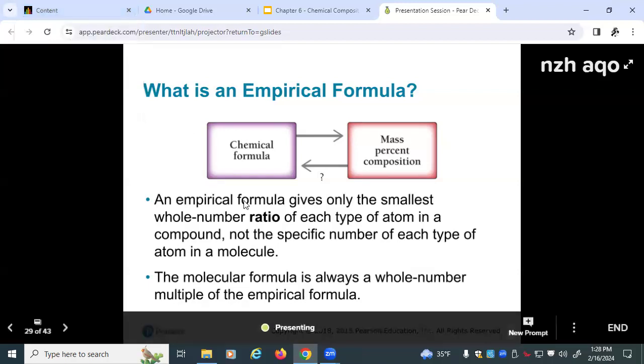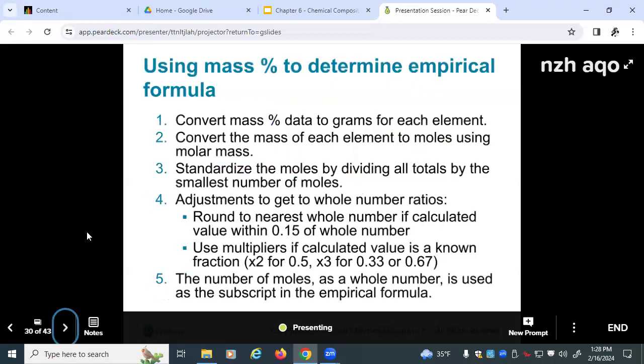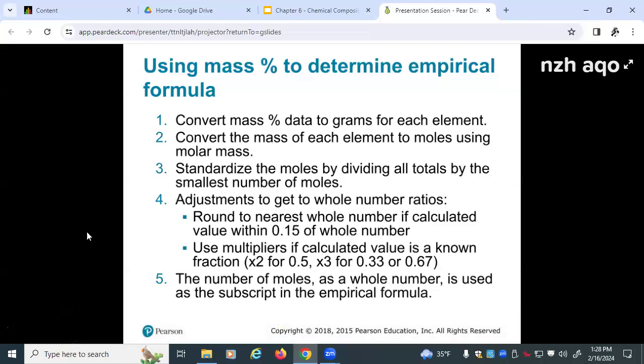Now, what does any of this have to do with mass percent? Well, mass percent is one of the most common ways that we can determine something about an unknown substance. So there are different kinds of machines out there. One's called a mass spectrometer. And a mass spectrometer can do a couple of interesting things. First of all, it can tell us what the overall molar mass is for a particular compound. It can also tell us how that particular compound breaks down.